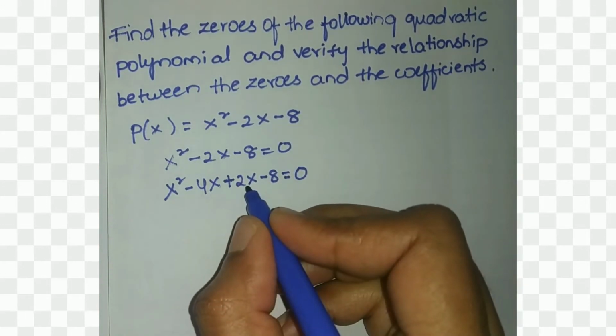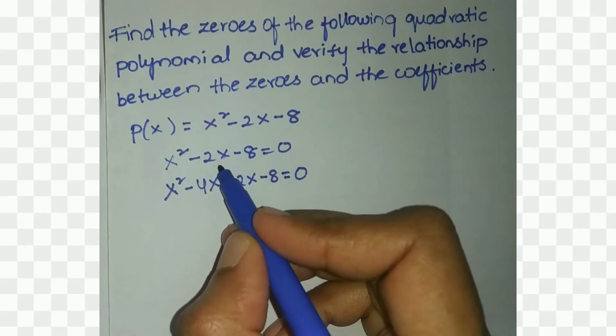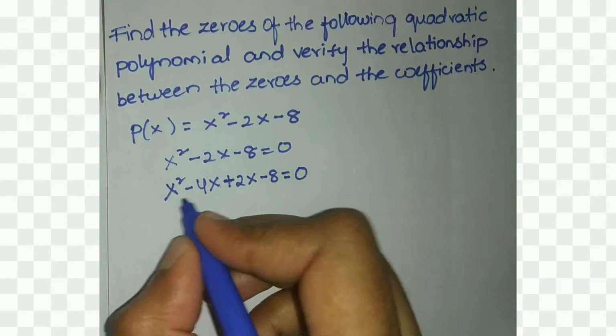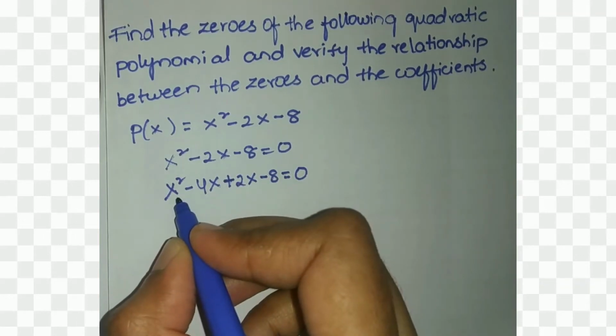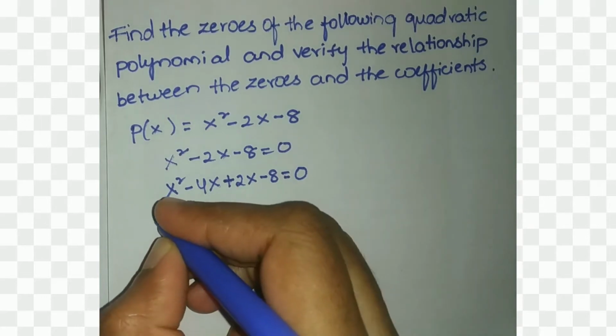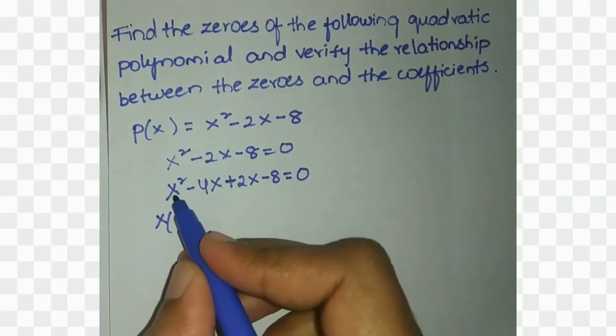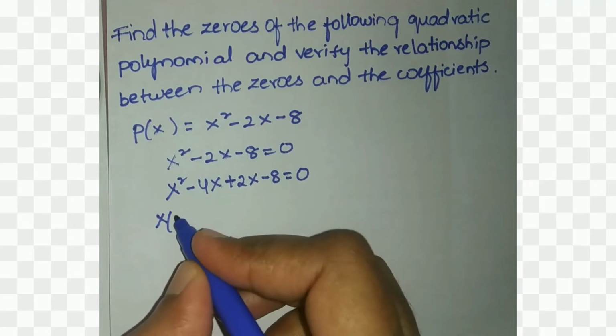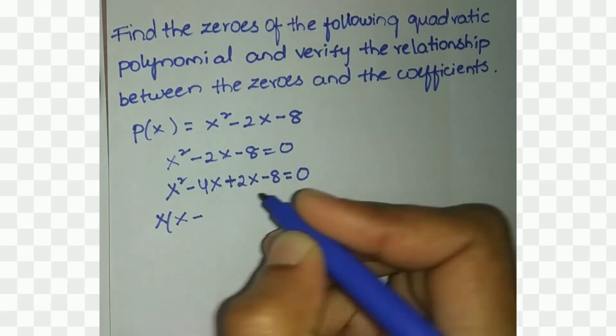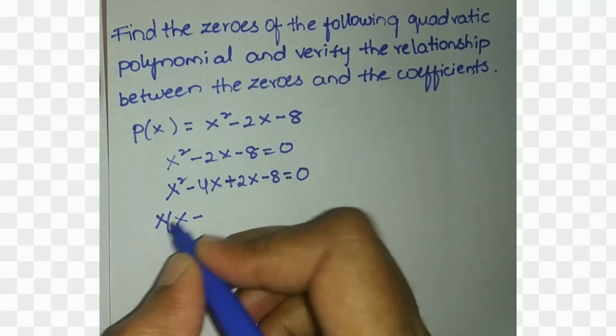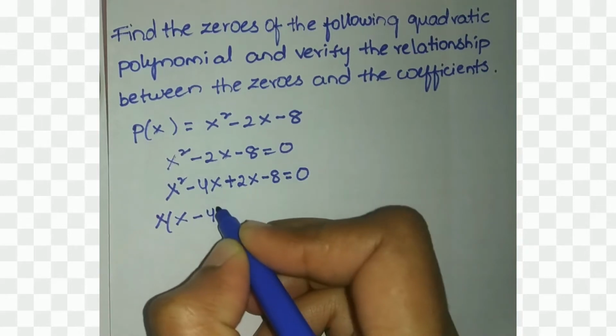Minus 4x plus 2x, which is nothing but minus 2x. Okay. So, in this x is common. So, we take x as common. And so, what is remaining here? X minus 4. We have taken x as common, so the remaining term is x minus 4.